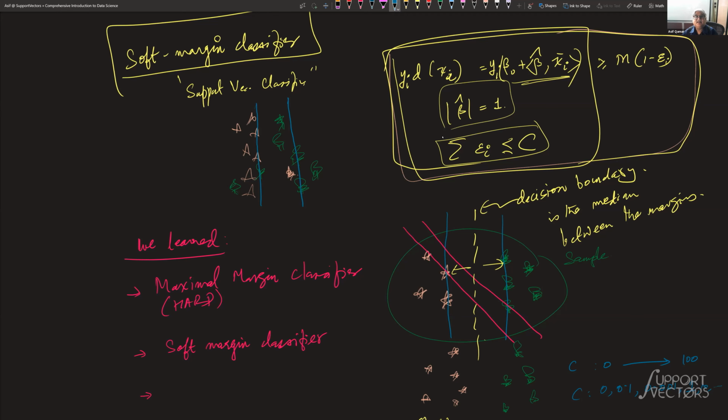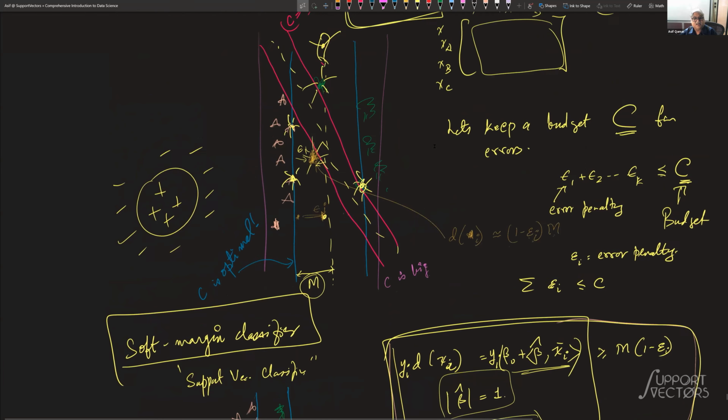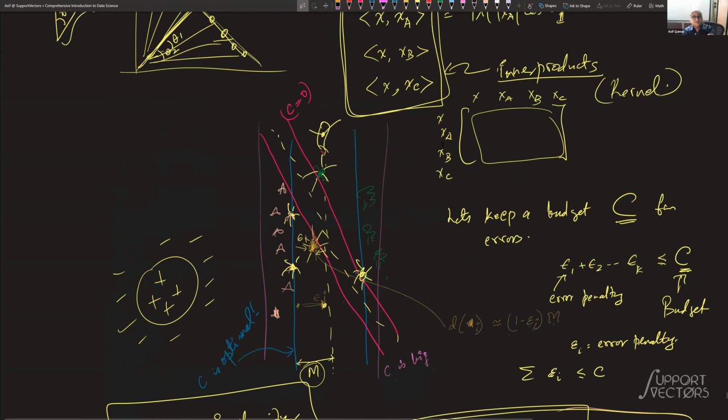Remember, now let's think in terms of bias-variance trade-off. If the budget is very small and you take another sample of data, will the model change? Yes, it will immediately change. So when there is no budget, you have high variance in your models. But on the other hand, if C is too generous, look at the purple line. It is suffering from high bias.